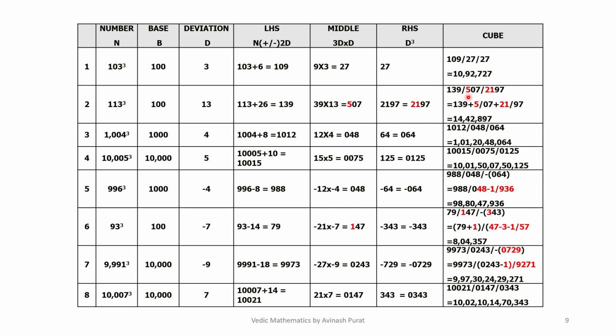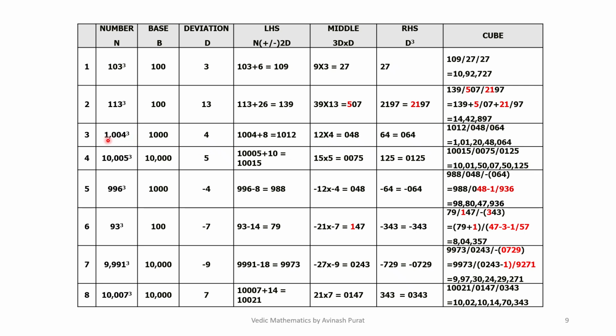So 139 stroke 507 stroke 2197, 5 is taken to the left and 21 is to be taken to the left. So that is equal to 139 plus 5, 07 plus 21 and 97. That gives us the result 1442897.